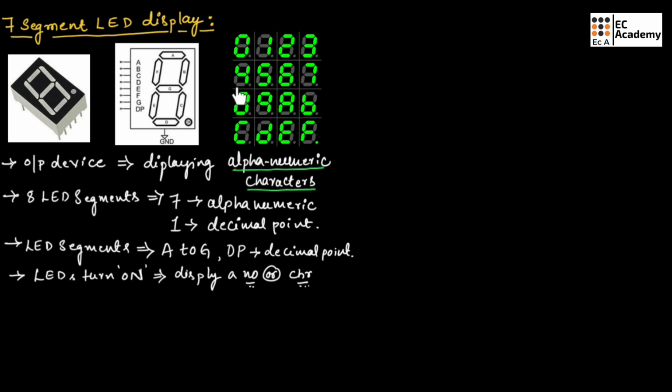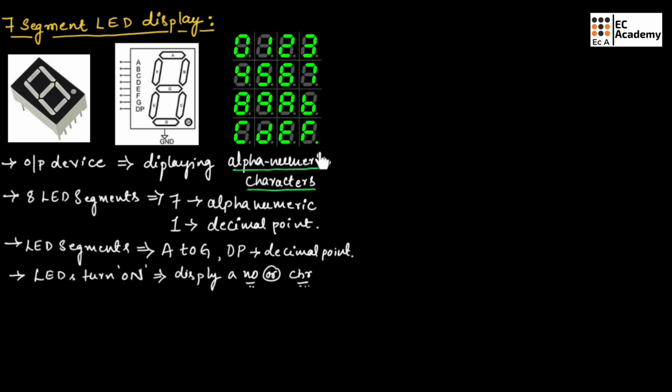In the same way, to display number 3, the LEDs A, B, G, C and D will turn on. To display the alphabet D, the LEDs B, G, C, D and E will turn on. To display the decimal point, the LED DP will turn on.